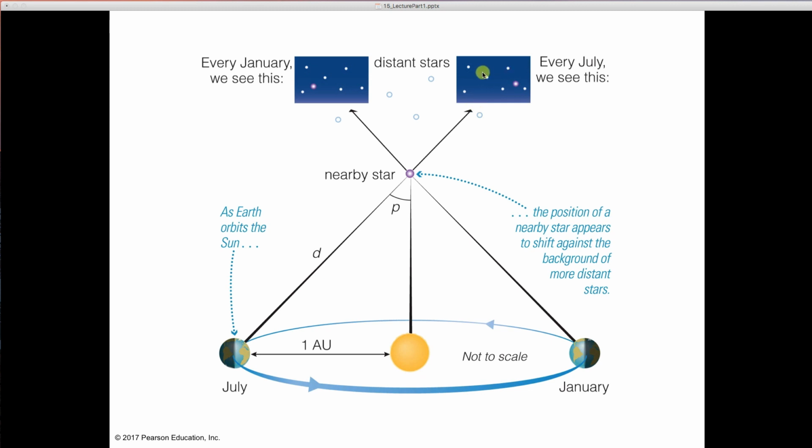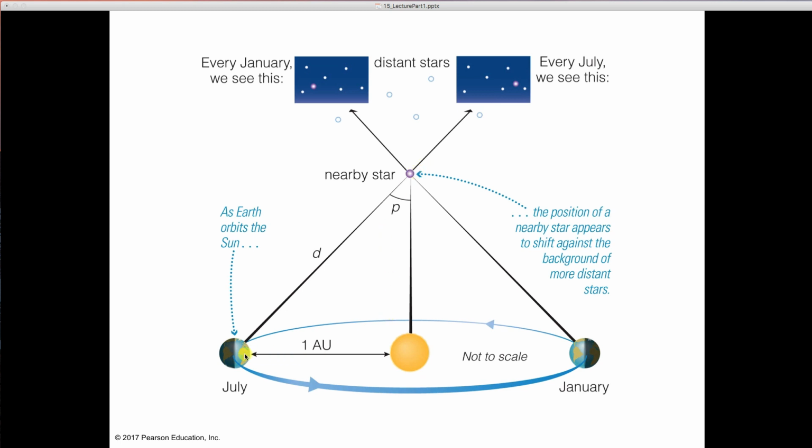Notice in these two pictures, these smaller white dots are the farther away stars, and they haven't changed. They're the same. But the nearby star in January was in this position. In July, it's in this position, seen in this photograph. So you take two different photographs 6 months apart, and you see a shift in the position of a closer star. And you can measure an angular shift.